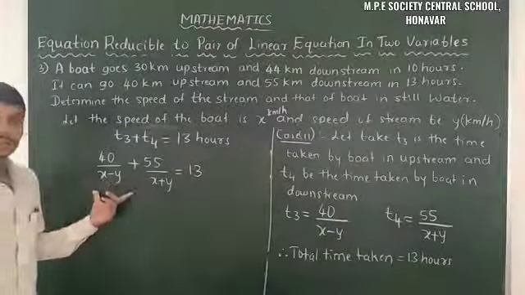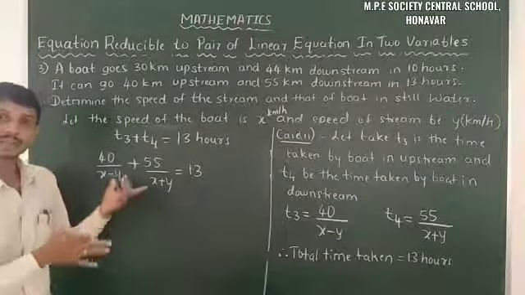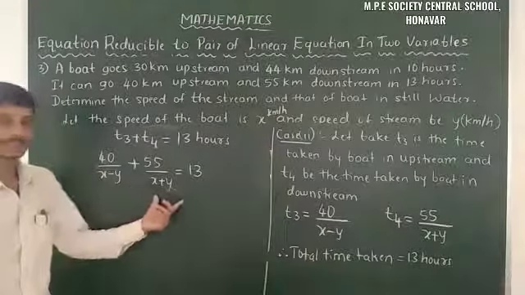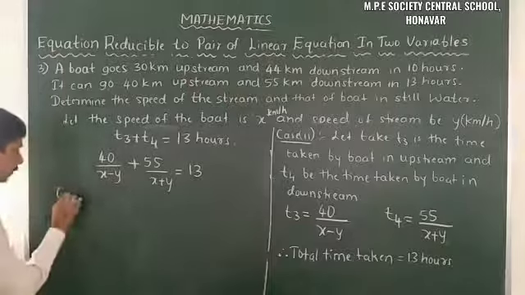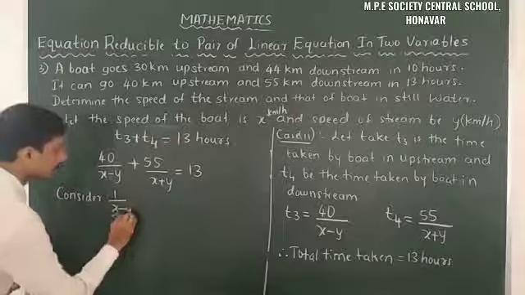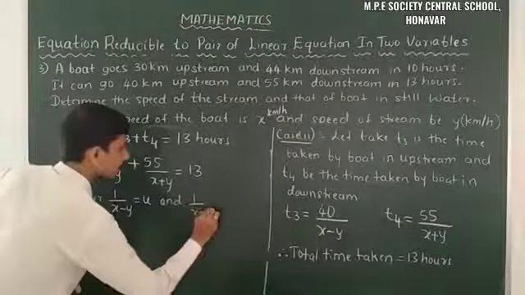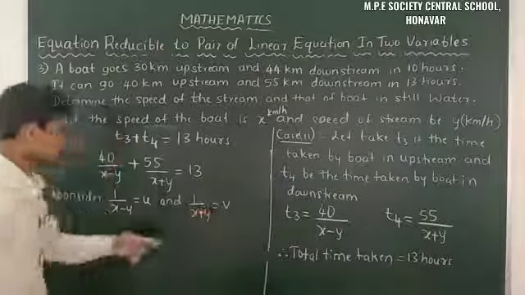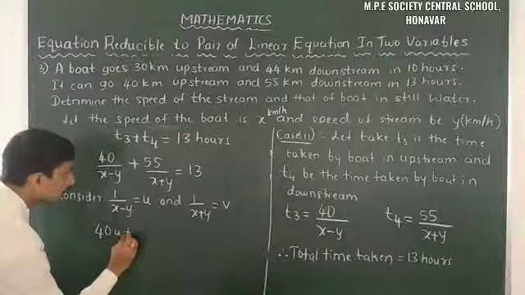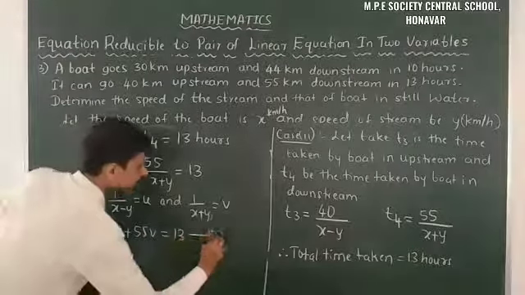So likewise, similar to the previous case, here also we have to consider 1 by x minus y as u and 1 by x plus y as v. So what happens? 40u plus 55v is equal to 13, equation number 2.